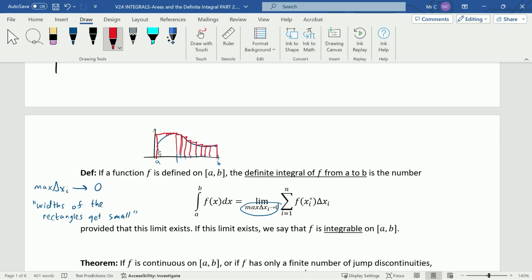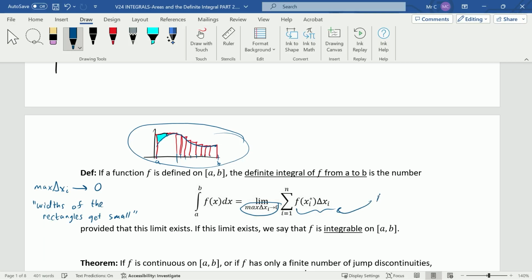If I divide up my rectangles that way, it doesn't matter how many rectangles I use, my approximation is always going to be off by this portion here. So by defining this limit in this way, we're saying not only do we need more rectangles, but you also have to make the width smaller so that you don't end up with this weird situation that I just drew up here. Other than that, it's saying the limit of the sums of the areas of the rectangles.